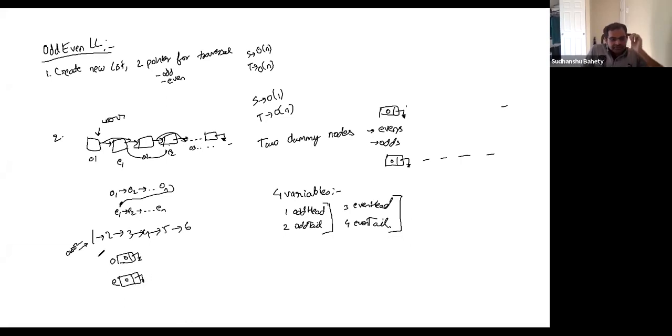Right now, current is pointing at an odd index. So odd head will always point to the start and even head will always point to the start. Once the current index is at 1, we append it to the odd list, and then odd tail will point to the end. Odd tail will point to 1.